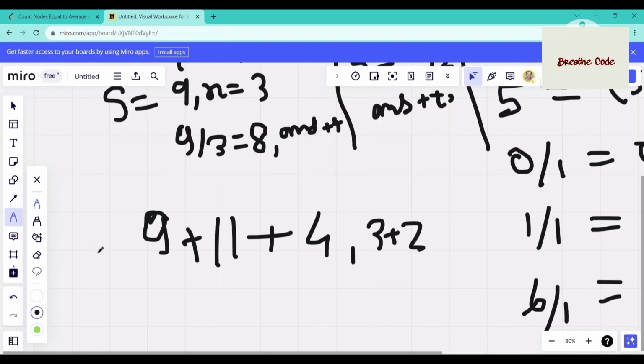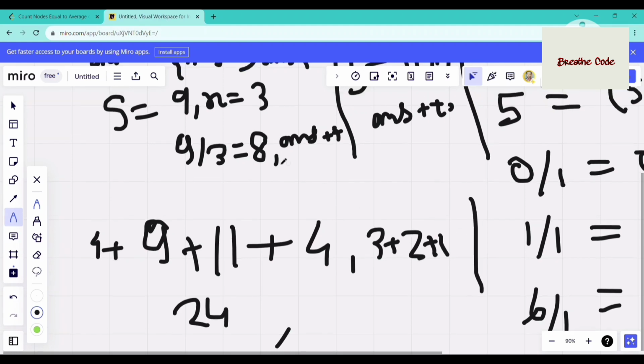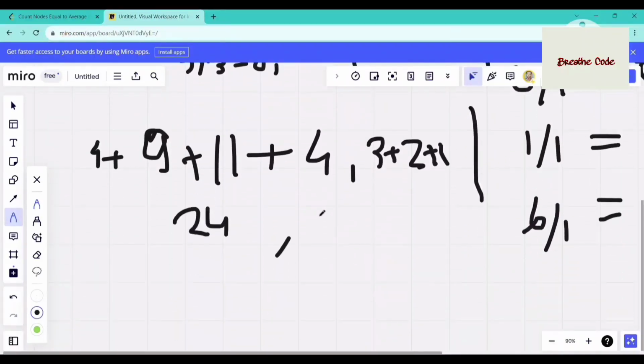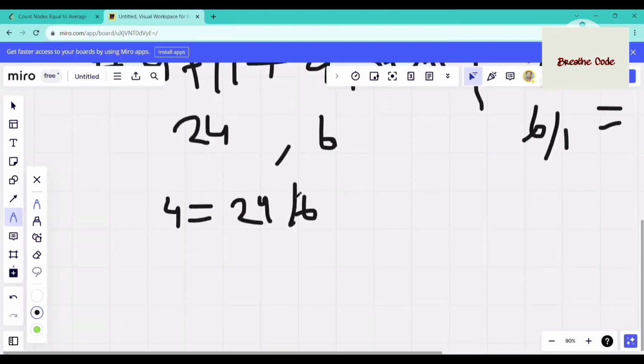And the number of nodes is 3 plus 2. So I need to add the node's value also, the root's value. So it will come up as 24, and it will be plus 1 for the root. So here I'll be accessing this 3, and I'll be accessing this 2. So 3 plus 2 is 5, and plus 1 for this node. 3 plus 1 plus 2 is 6.